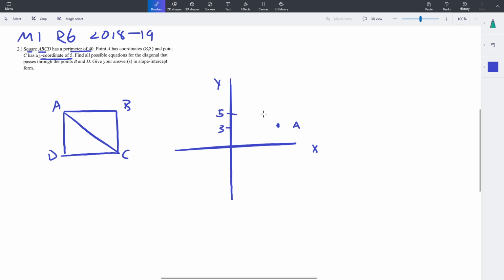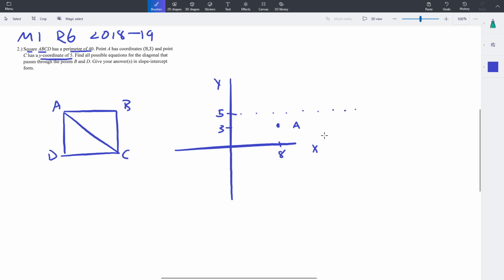And so it says that point C has a y coordinate of 5. Let's also label the 8 there. Alright. For the y coordinate of 5, we can do a dashed line, because we don't really know where it is. Alright. Next is the actual problem.